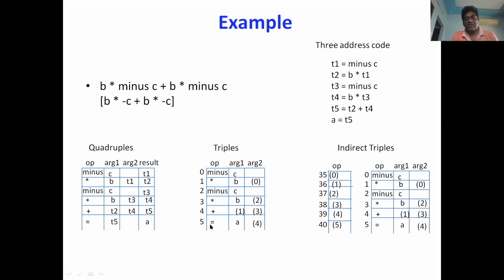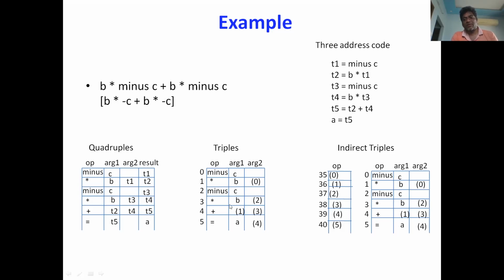So the operation is equal to, and the first argument is a, and you need to get the value from the fourth index. Okay, you need to observe this difference between this and this. Argument 1 is t5 here, wherein argument 2 is the index here in triples. Observe the difference between quadruples and triples.